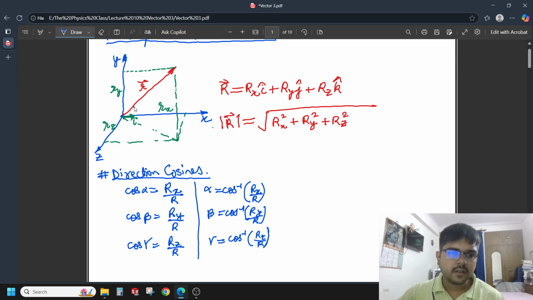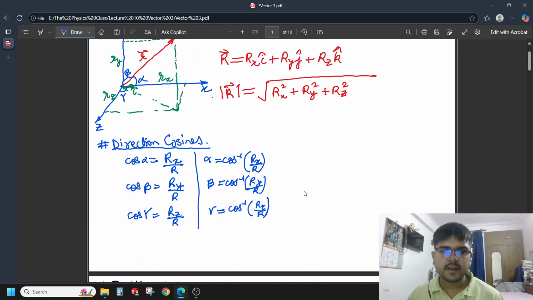This is alpha, this is beta, and this one is gamma. So these are the three angles that the vector is subtending on the coordinate axis.